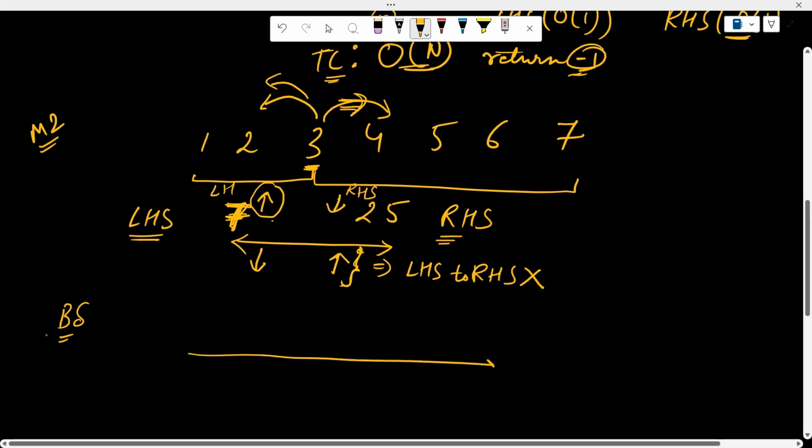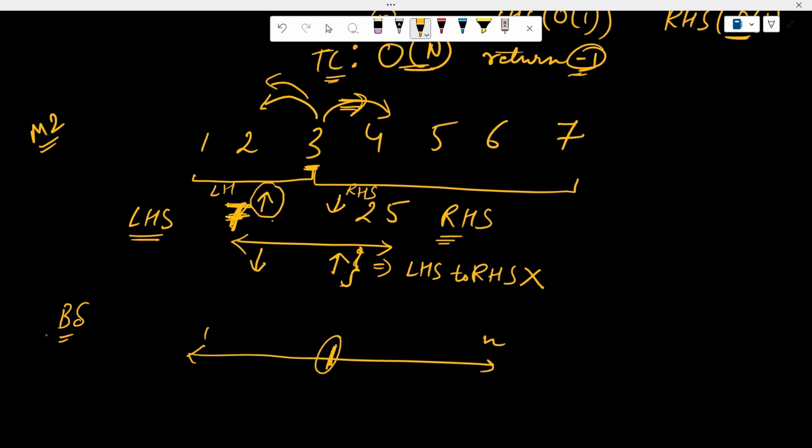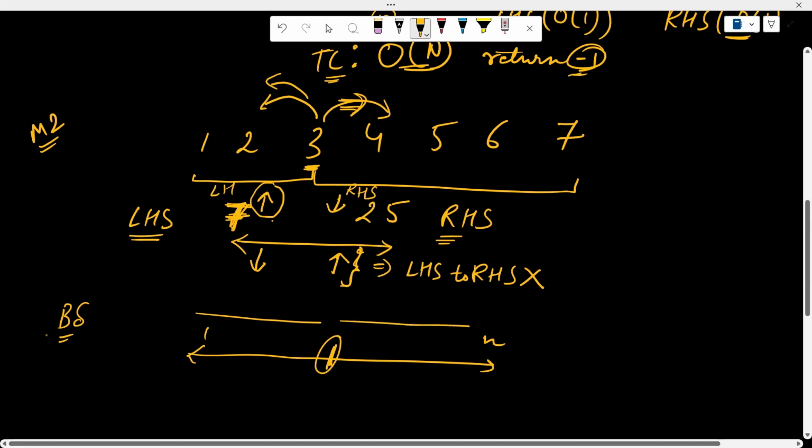Suppose given a number from 1 to n, we will first jump to the midpoint and see whether the left hand sum is equal to the right hand sum or not. If it is equal, then that is the pivot point. If it is not, either LHS will be greater or RHS will be greater.